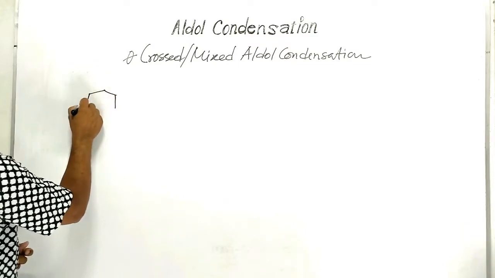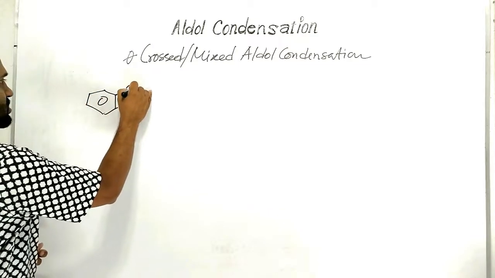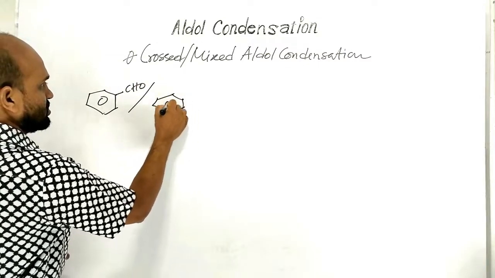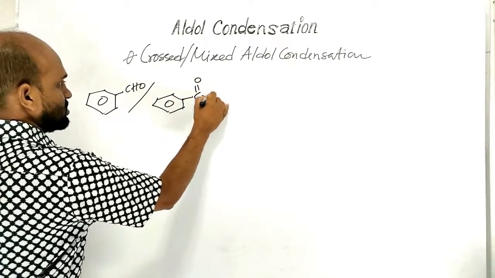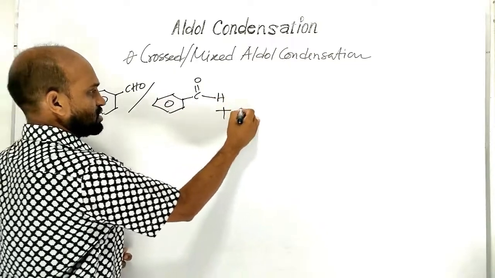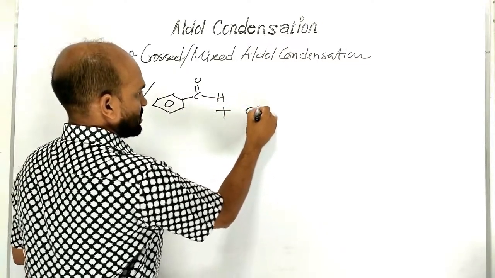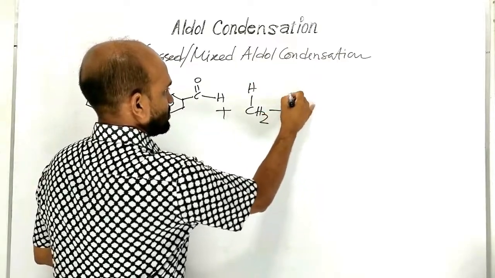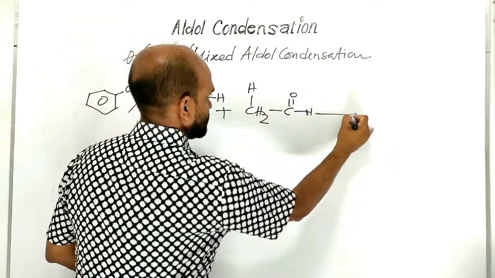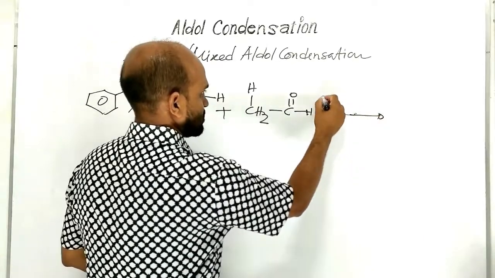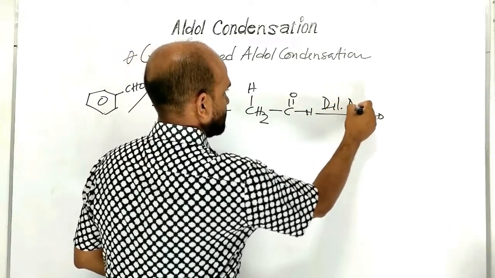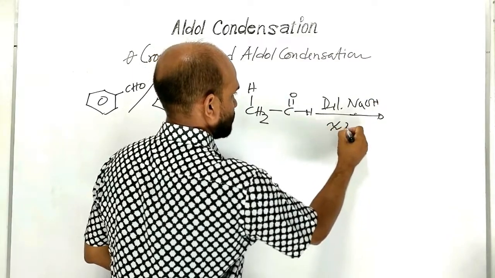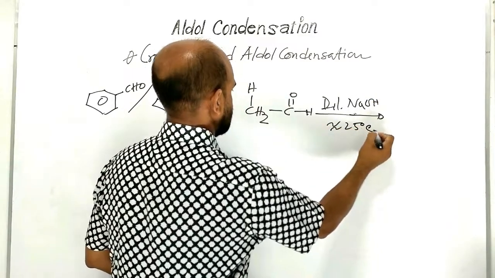Aromatic aldehyde is taken, which can be written in this way, and another one is aliphatic aldehyde, CH3, which is treated with dilute alkali at room temperature around 25 degrees Celsius.